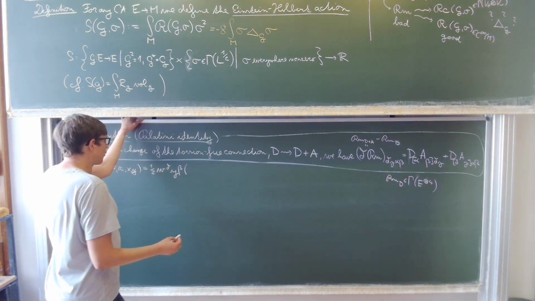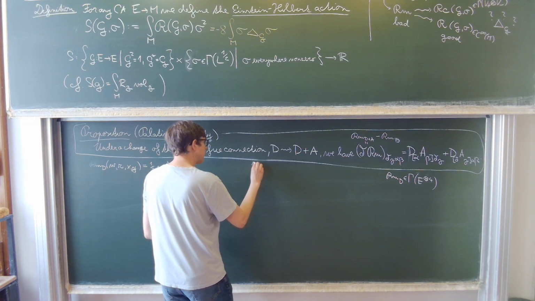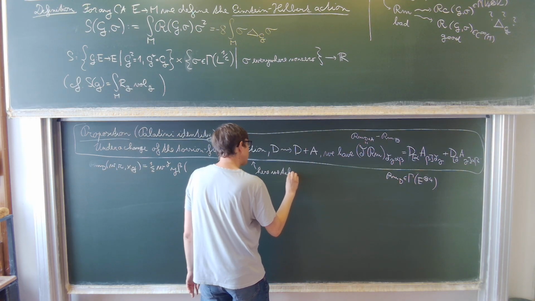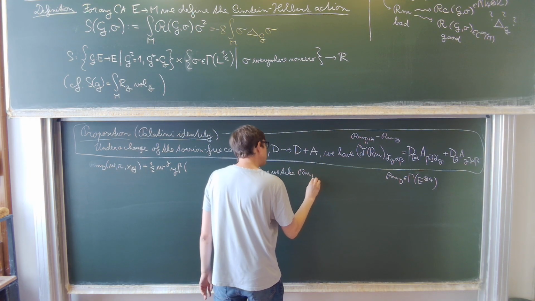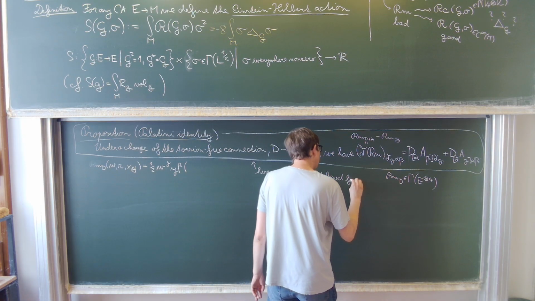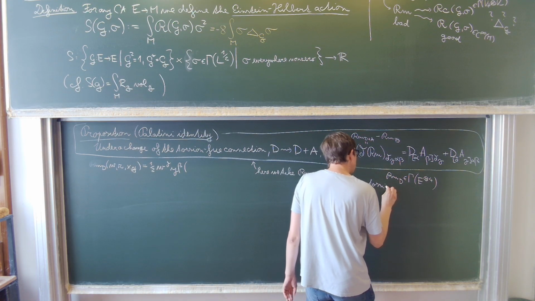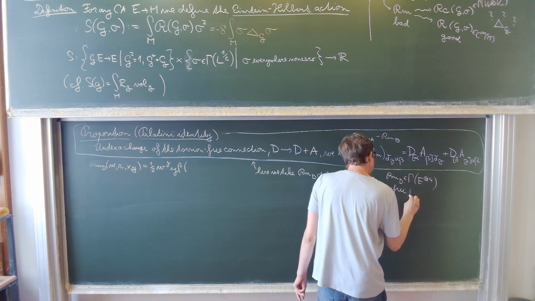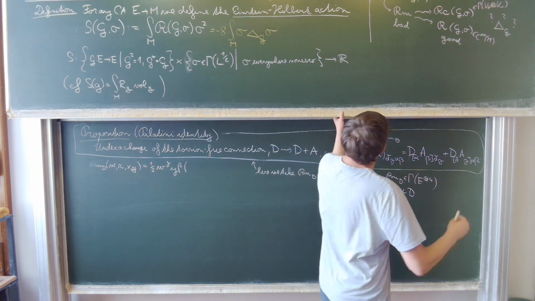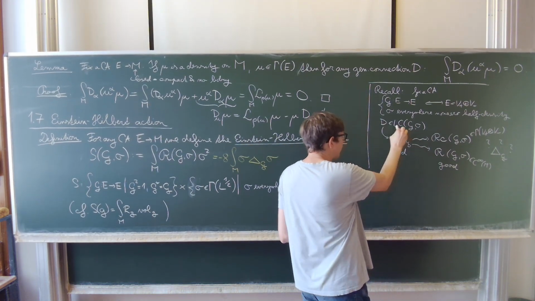Maybe one thing is that here we take Riemann of D defined for any torsion-free D. I looked back at the notes of how I presented these things, and at the beginning I defined this tensor specifically for Levi-Civita.